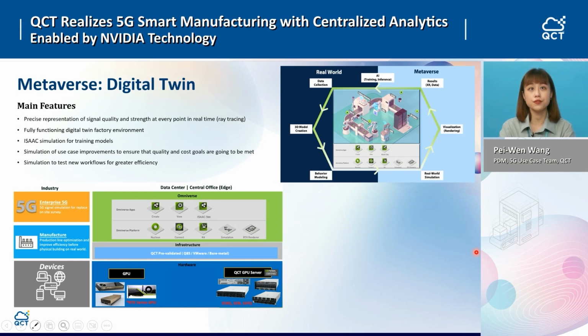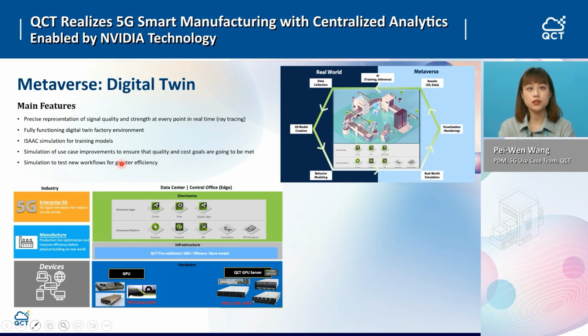So the main features are the following: first, precise representation of signal quality and strength at every point in real time. Second, a fully functioning digital twin factory environment. And third, we use NVIDIA Isaac Sim simulation for training models. And next, simulation of use case improvements to ensure that quality and cost goals are going to be met.